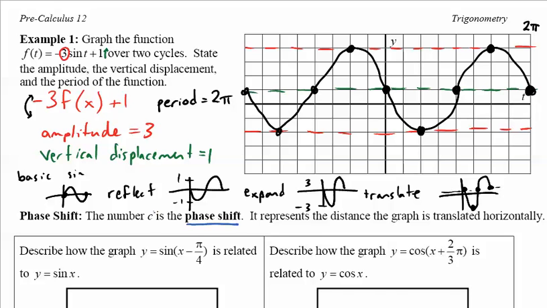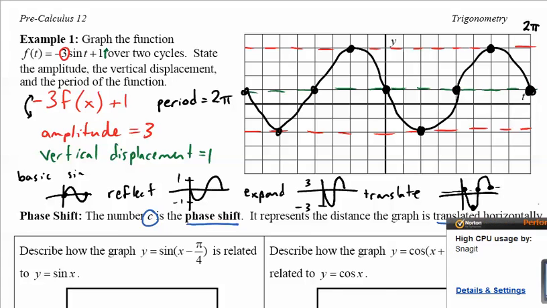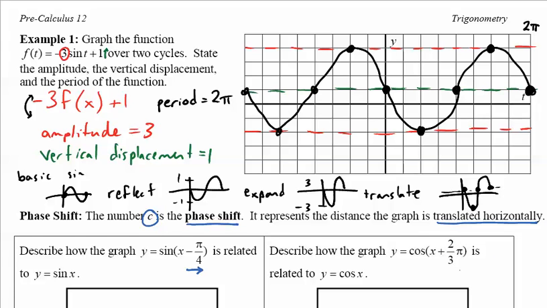The phase shift is also known as the horizontal translation. When you're dealing with a trigonometric function, a horizontal translation is also called a phase shift. Just like we learned in chapter 1, when you subtract something inside of the function, then it's going to move to the right. And when you add something inside of the function, then it will move to the left.